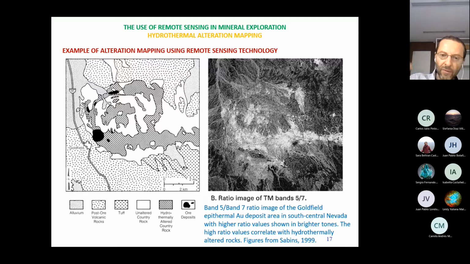Now, the erosional level today in Nevada here allows the fact that we see this epithermal gold deposit. If we were to think, there might be a porphyry one below it, but in general, porphyry deposits in absolute terms have low concentration of copper, for instance. We talk about concentrations of 0.4%.